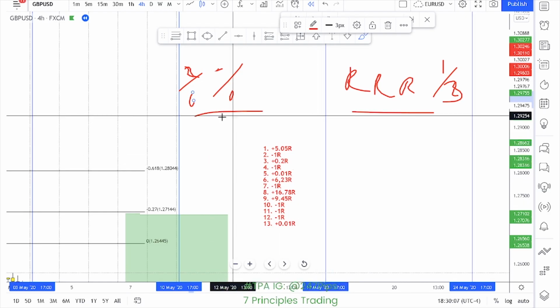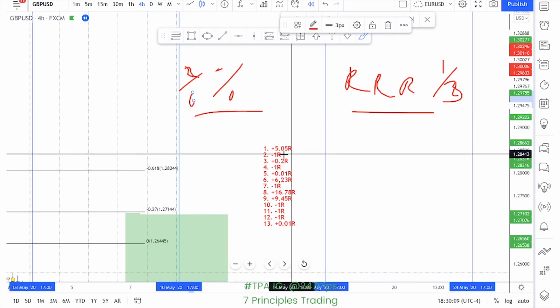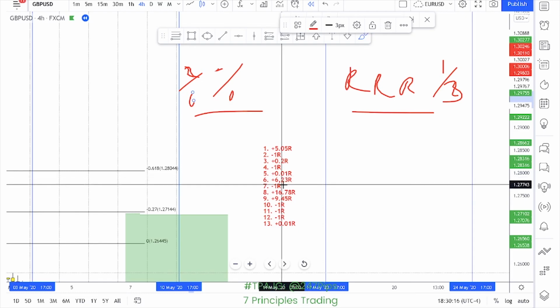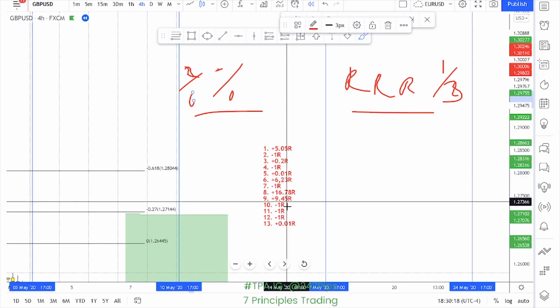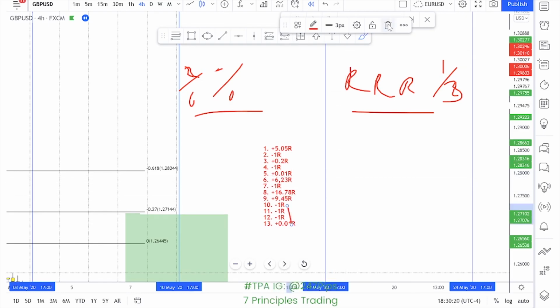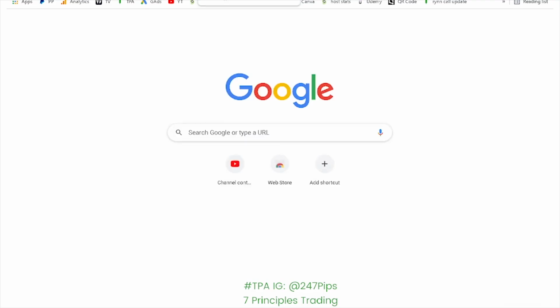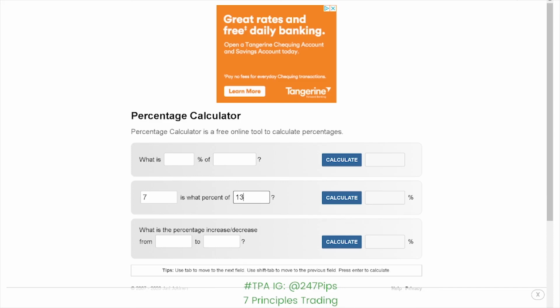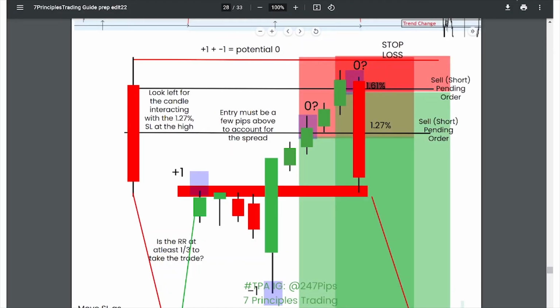Let's add the first one that is easiest, which is going to be the win rate. So we have 1 win, 2 wins, 3 wins, 4 wins, 5 wins, 6 wins, 7 wins. Out of the 13 trades that we took, we have 7 wins. Need a little help doing math, so let's just do 7 out of 13 trades, which means we have a 53% win rate out of all of the trades that we took.